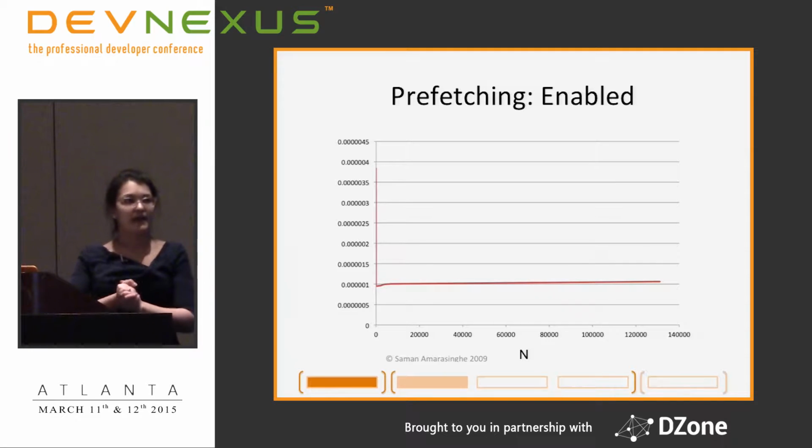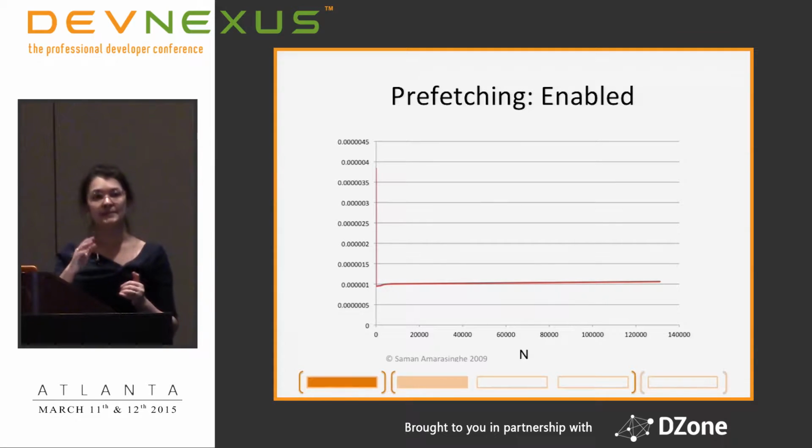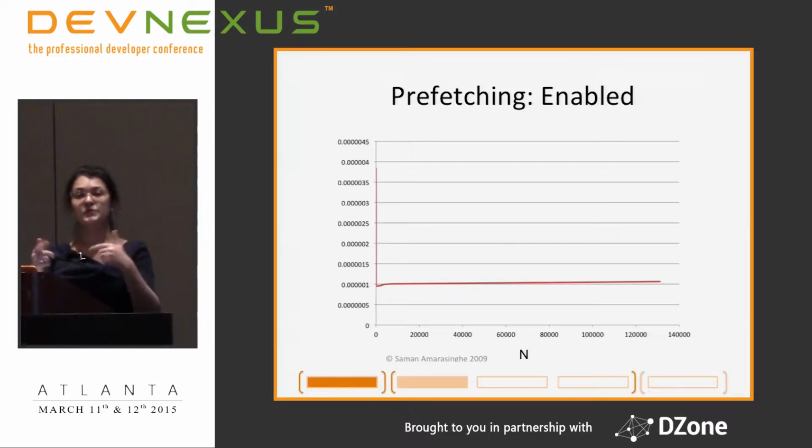How does that happen? That happens because your hardware is able to detect memory access patterns. In this case, you're just iterating over every element. So it's able to hide the latency by prefetching the memory for you before you even need it, and thus it's able to make it appear like it's the same as accessing it the previous times.